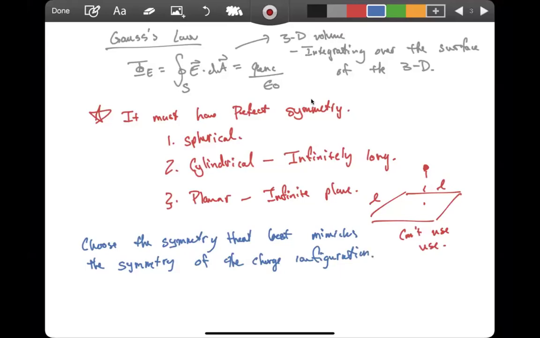And then from there, we get to draw a Gaussian surface, which we choose. Then we choose a Gaussian surface that mimics that symmetry, and then we do everything from that Gaussian surface that has the correct symmetry.